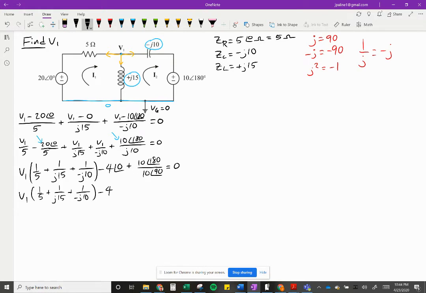So we have 4 at angle 0. If we were to break it up, 4 cosine of 0 would give us 4, and 4 sine of 0 would give us 0.